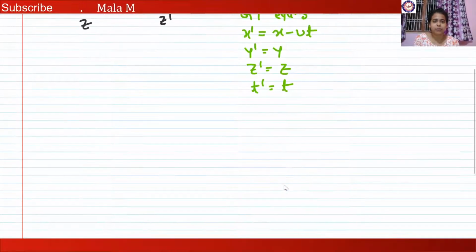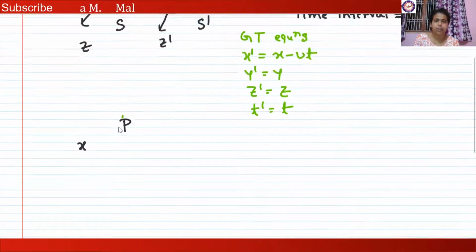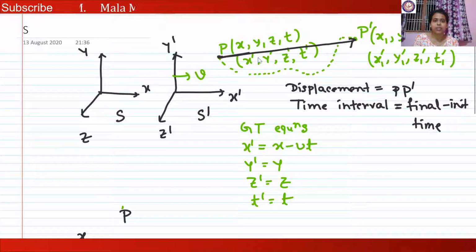Now applying these four equations, what do we get? For P point, what are the coordinates of point P? The coordinates are x, y, z, t and x prime, y prime, z prime, t prime. And for P prime, x1, y1, z1, t1 and x1 prime, y1 prime, z1 prime, t1 prime.